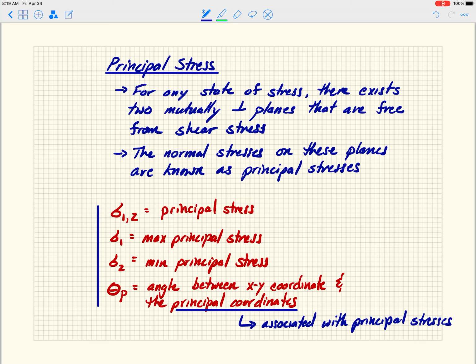So in a state of principal stress, I have no shear stress. They are free from shear stress. That's how we're going to define principal stresses.